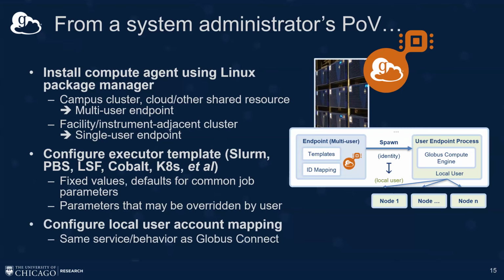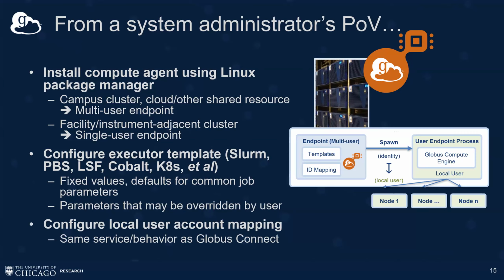Specifically, if it's a multi-user endpoint, you will need to configure identity mapping, just like you did with Globus Connect. There has to be a mapping from the incoming requesting identity in the Globus Auth to a local user account that will be executing tasks.